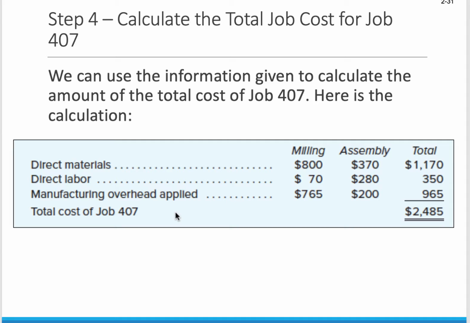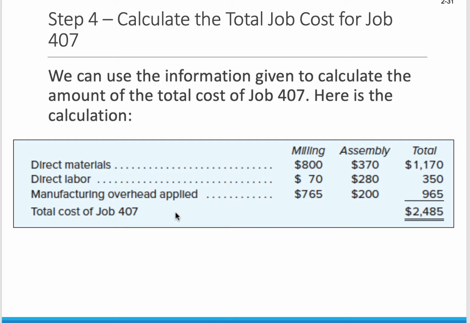Direct labor cost was $70 for milling and $280 for assembly. So in total, this job went through two departments, and we applied $350 of total labor cost. Now, manufacturing overhead that was applied.